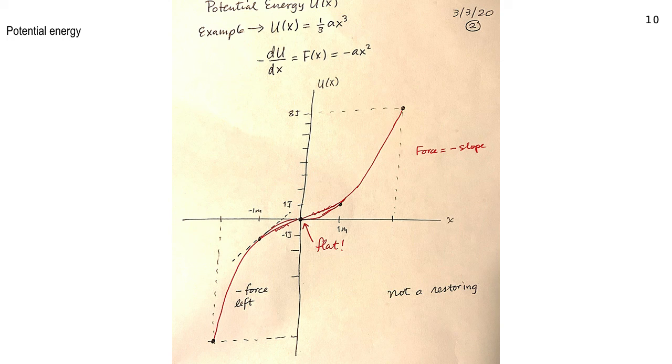And we'll call it U of X. So U of X in that example, U as a function of X is equal to 1/3 AX to the third.